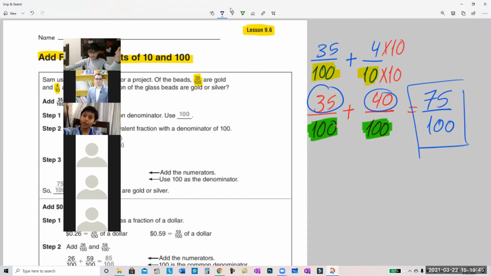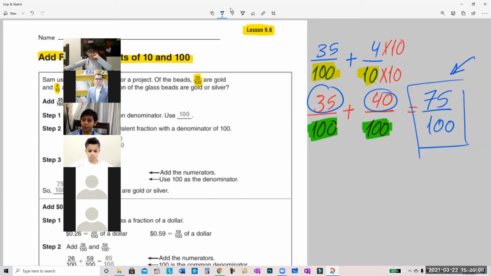Okay, but if he asks you to write it as a decimal, it's so important, guys. If he asks you to write the result as a decimal, all we have to do is convert the result to the decimal form.